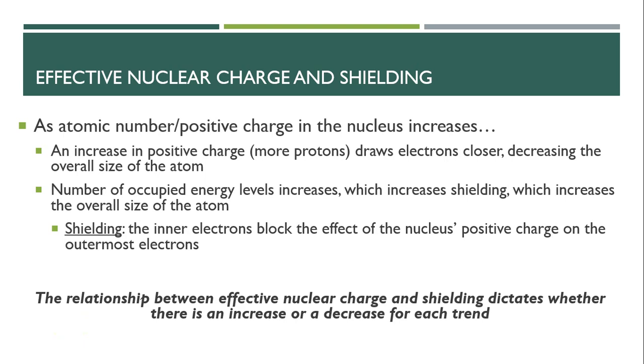One other thing to consider is that between the outer shell electrons, which are the ones driving all these patterns, and the nucleus is a bunch of inner shell electrons. And those inner shell electrons are going to be pushing back on the electrons on the outside shell. That's what's referred to as electron shielding.